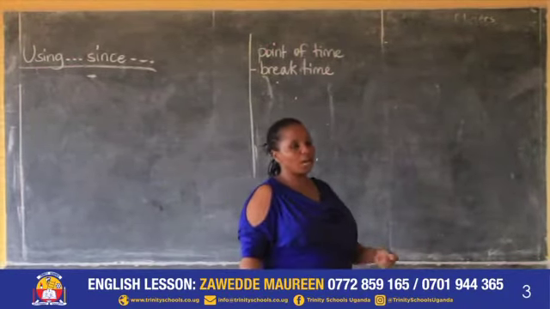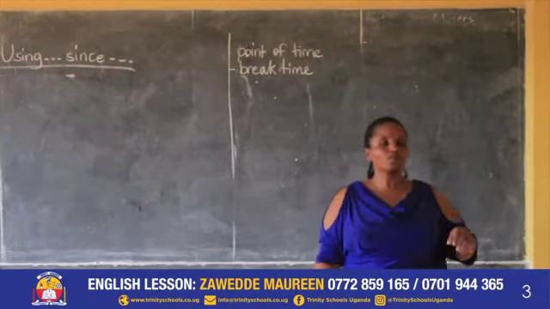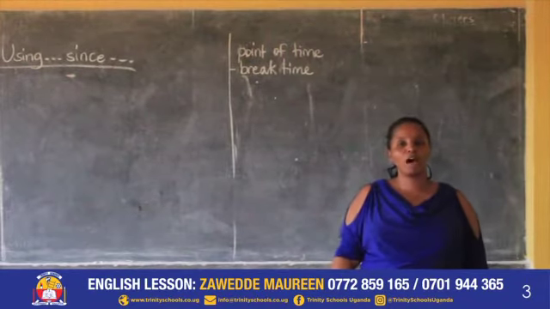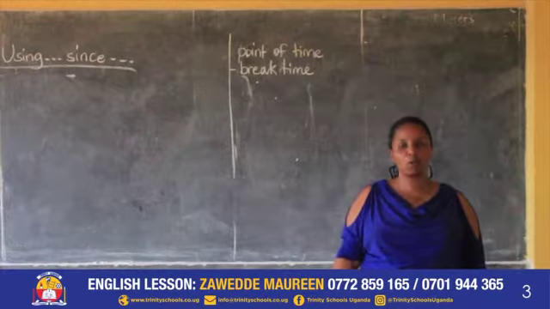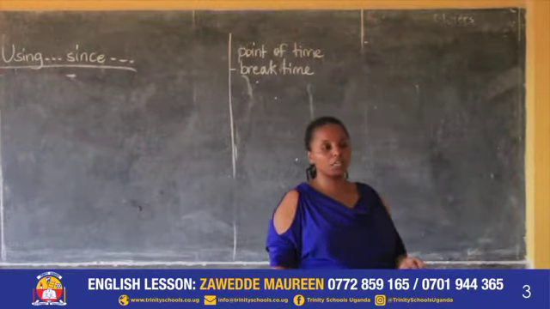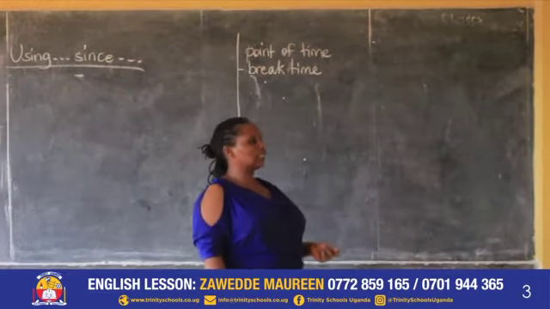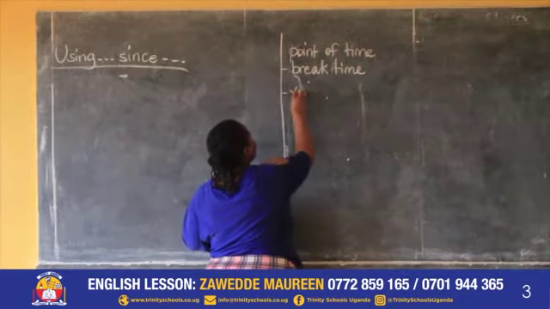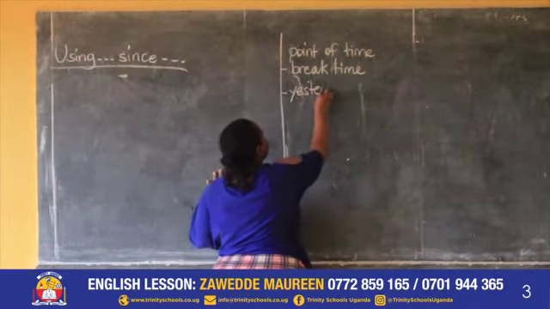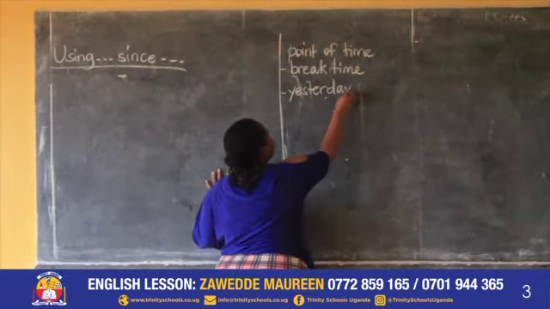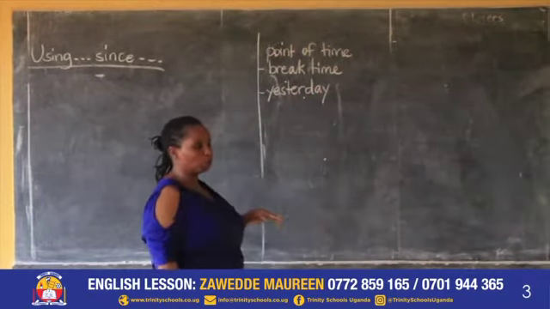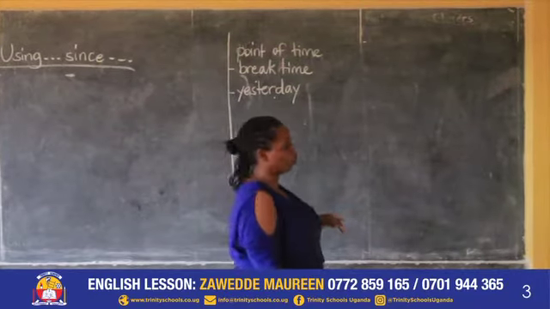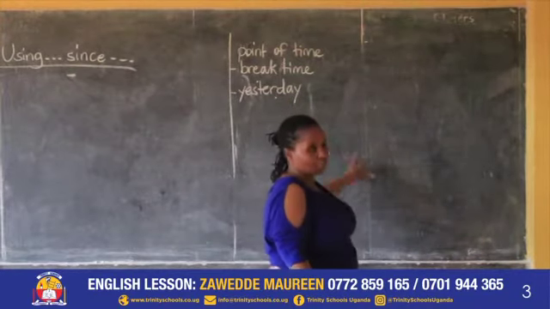Since break time, I can still say we have written letters to them. We have learnt English since yesterday. Yes, so yesterday in this case is our point of time. So at P4 level, we looked at that.